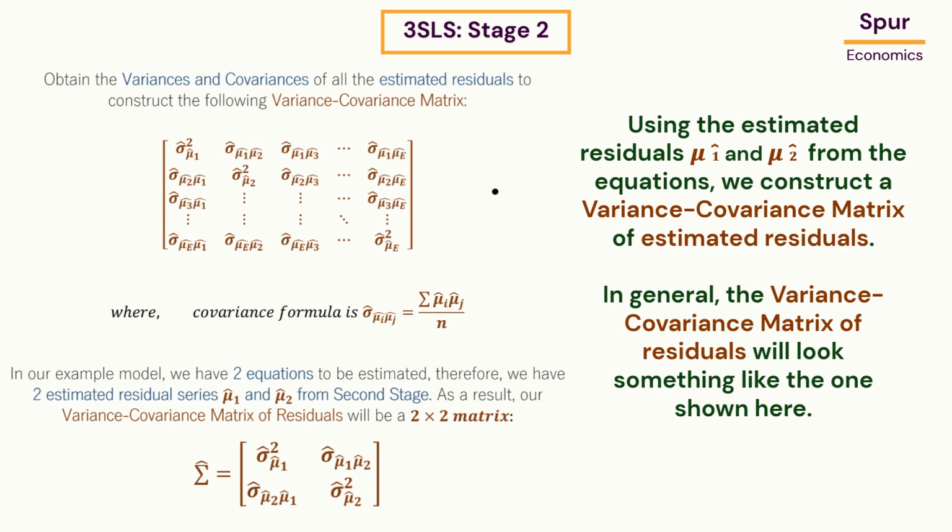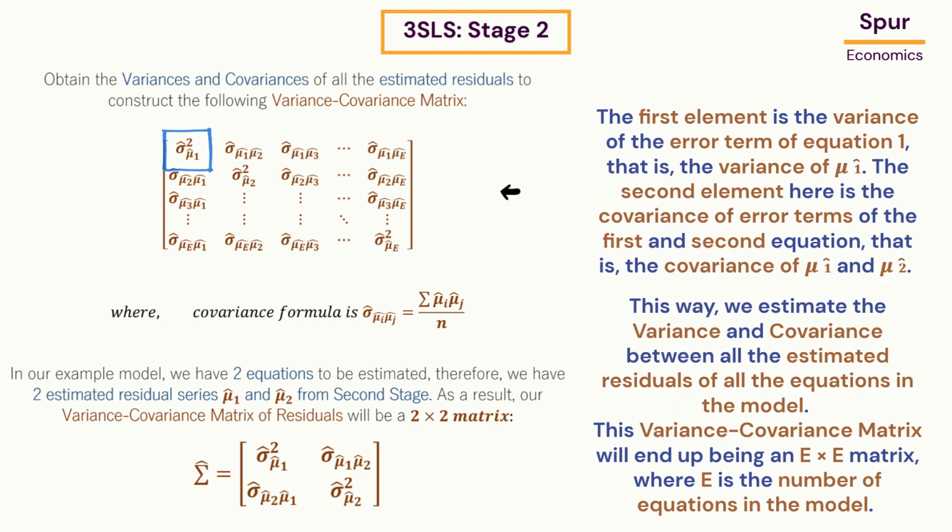Using the estimated residuals mu1 cap and mu2 cap from the equations, we construct a variance-covariance matrix of estimated residuals. In general, the variance-covariance matrix of residuals will look something like the one shown here. The first element is the variance of the error term of equation 1, that is, the variance of mu1 cap.